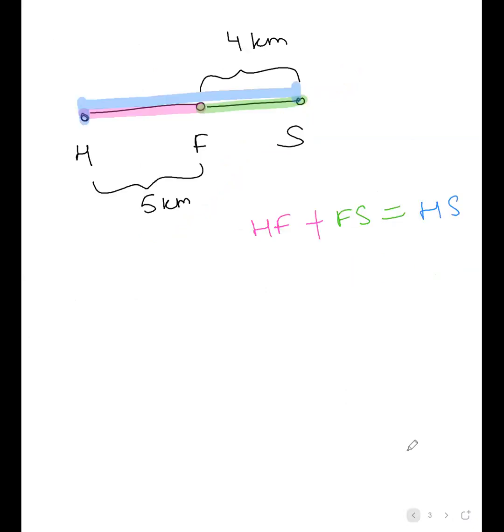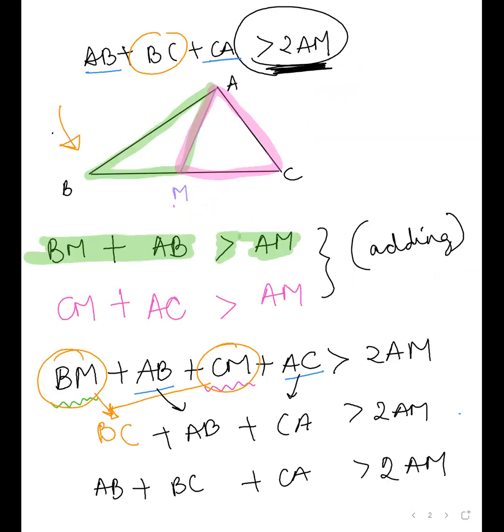Like over here, just look over here. We said that we need AM on the right hand side. AM is a side for which two triangles? It's a side for this triangle, the green one, and it is a side of this triangle, the pink one. So we selected ABM, and the other one also needed AM because we need two AM.